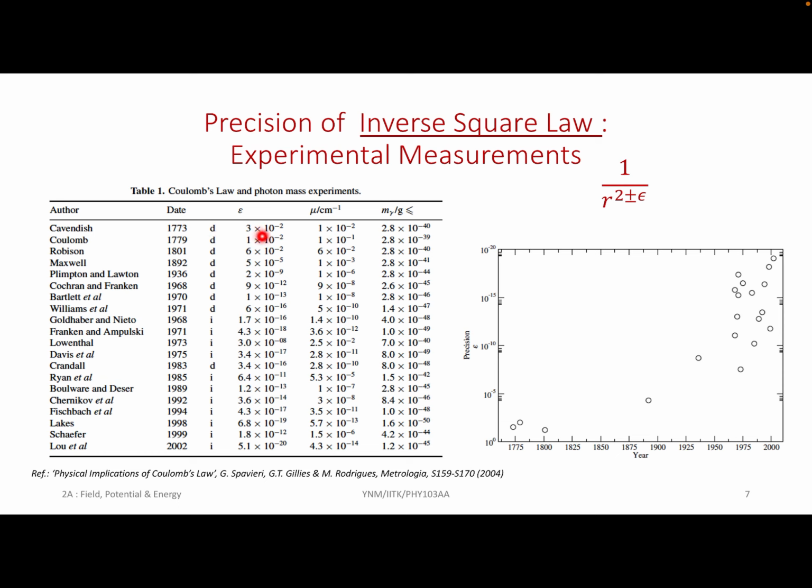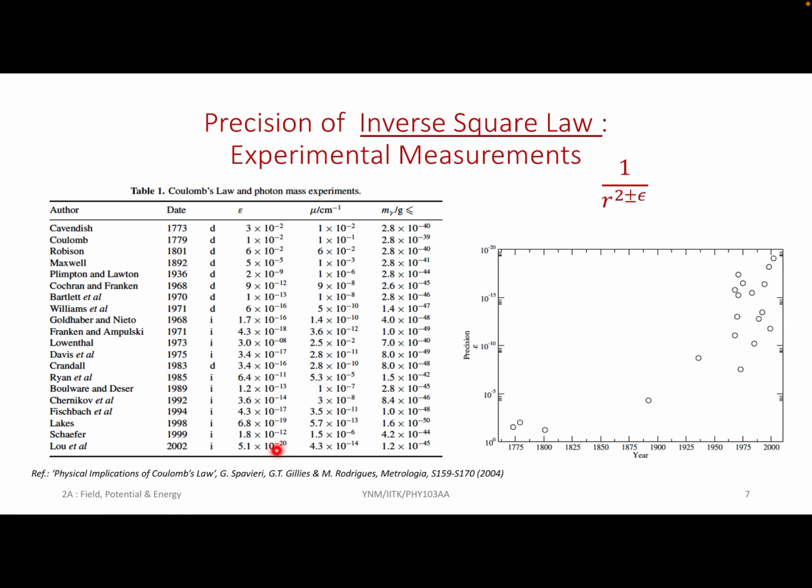Cavendish, of course, measured 3 into 10 to the minus 2. Maxwell did almost the same experiment and improved it to 5 into 10 to the minus 5, 100 years later. And all these are different in different years and different methods. And in 2002, the last experiment brings epsilon to the limit of less than 10 to the power minus 20.